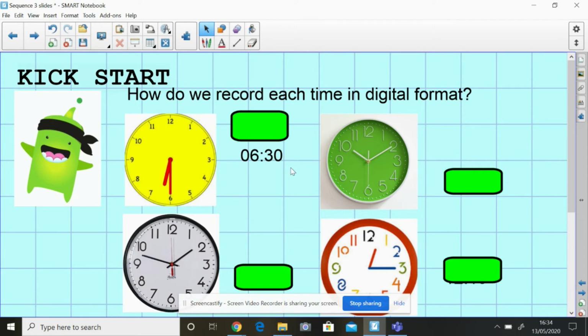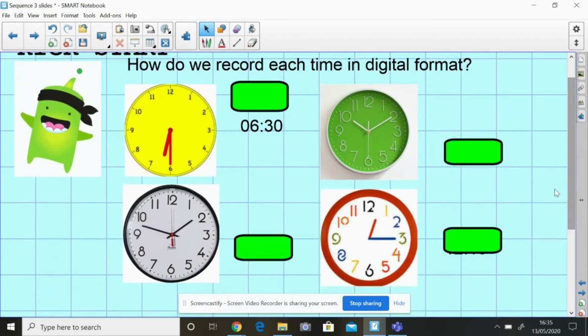Now, when it comes to digital time, because we're only looking at 12-hour clock today, after this it would have AM or PM. 06:30 is in the AM, and if you want to write 6:30 in the PM in a digital format, it would just be 6:30. Okay, but don't worry too much about that. You're going to focus on that a little bit later on. This is how you would write 6:30 in a digital format.